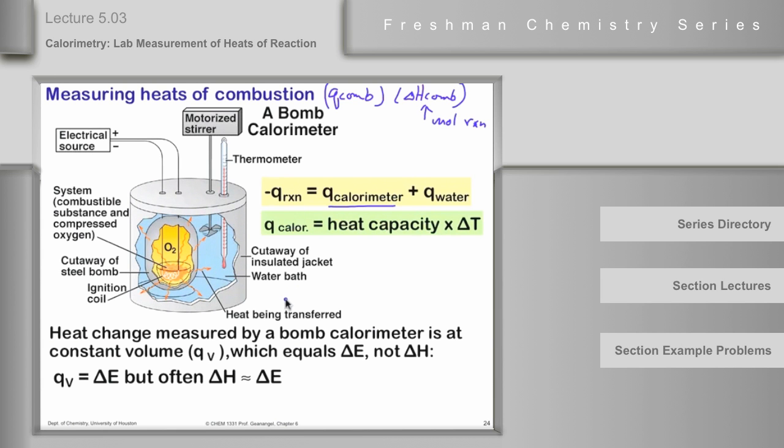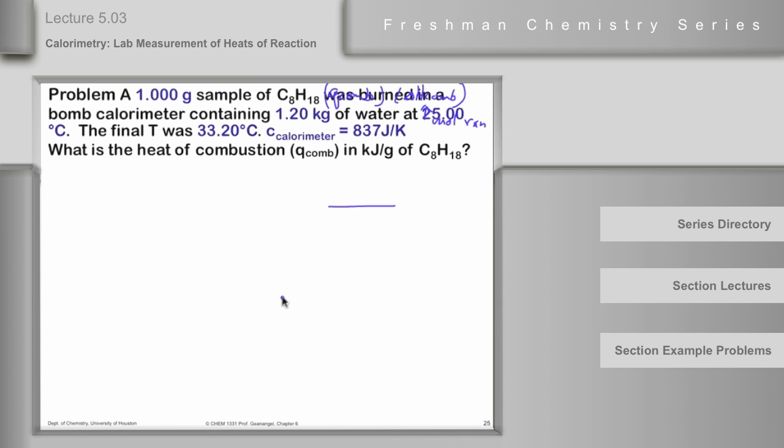The final temperature went up from 25 up to 33.2, so that's 8.20 degrees or kelvins for delta T. The calorimeter is 837 joules per Kelvin, meaning if you put in 837 joules, the temperature will go up 1 Kelvin. Okay, what is the heat of combustion, Q in this case, in kilojoules per gram of C8H18?